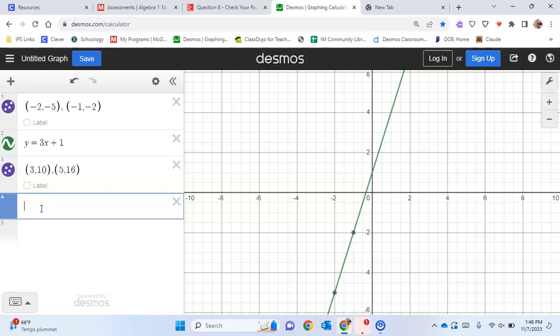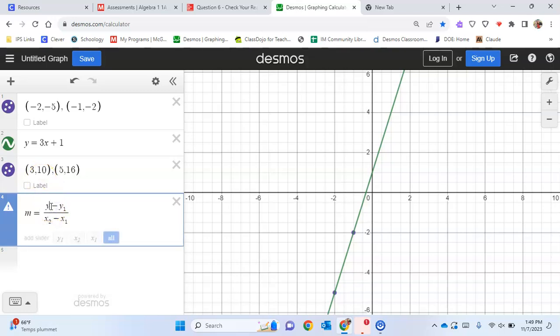You could calculate the slope. The formula for slope is m equals the second y value minus the first y value, all over the second x value minus the first x value. In this case, the second y value is 16, and the first y value is 10.